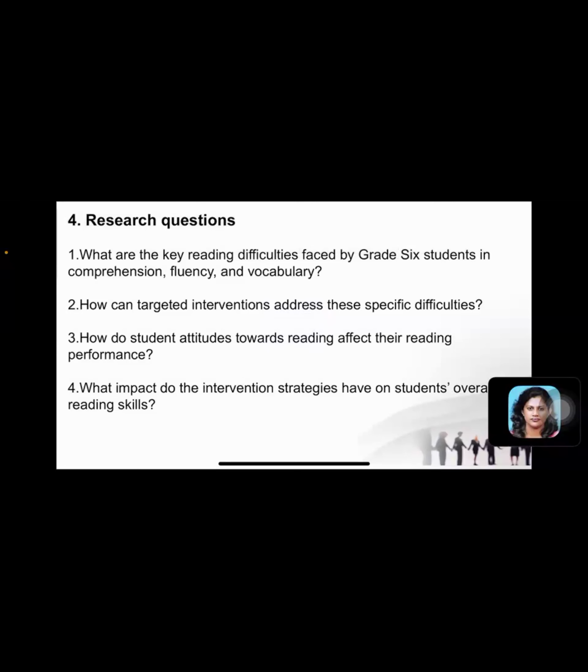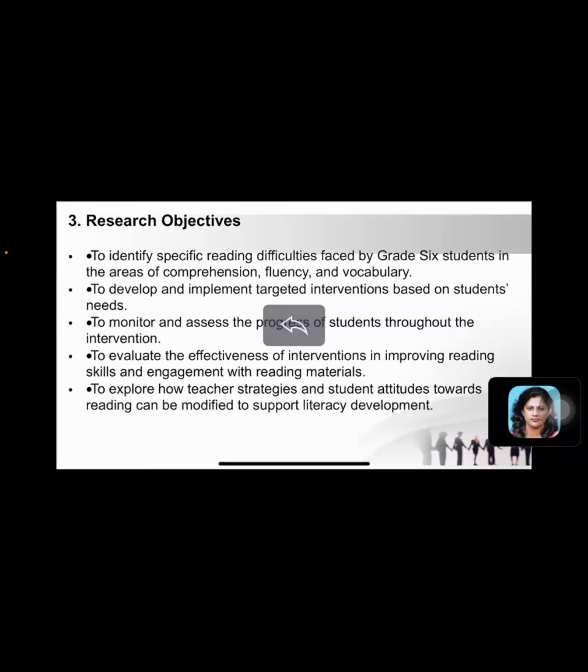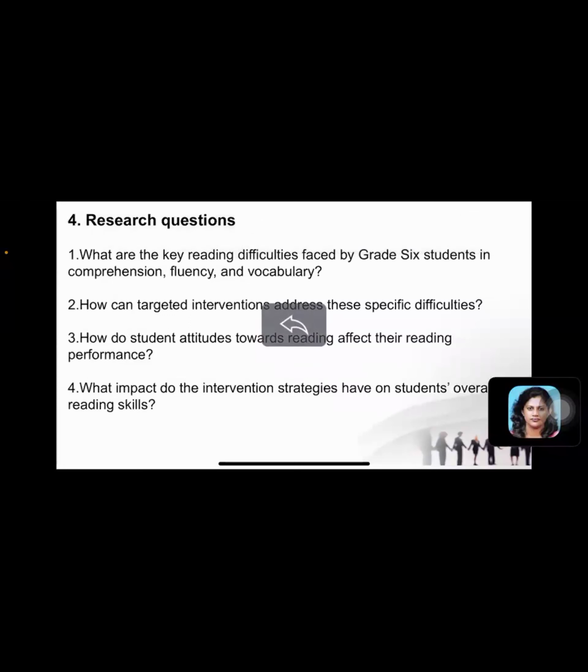Okay. Then the third question is difficult to do, I think. Last one, what impact do the intervention strategies have on students? I asked you to remove the last one. Okay, ma'am. And these are my research questions. What are the key reading difficulties faced by grade 6 students in comprehension, fluency, and vocabulary?